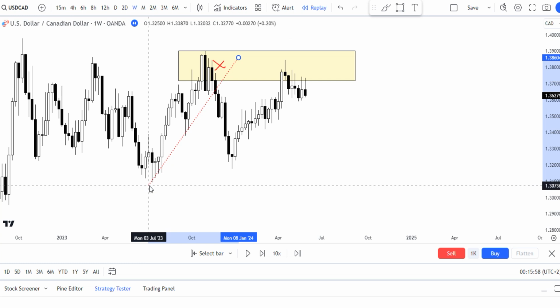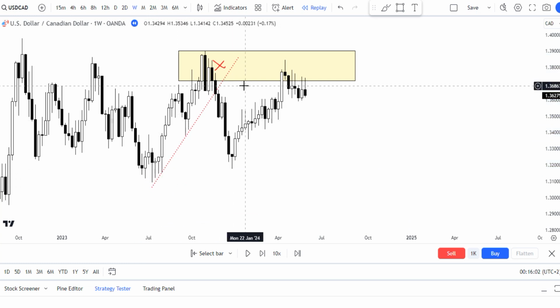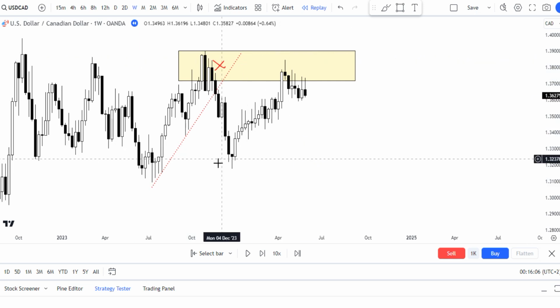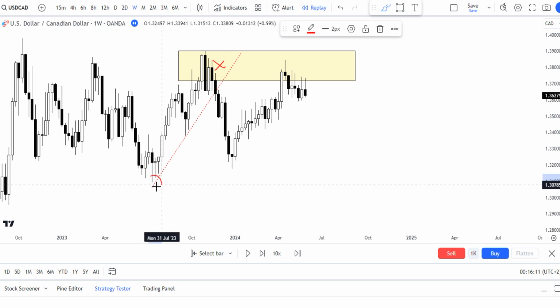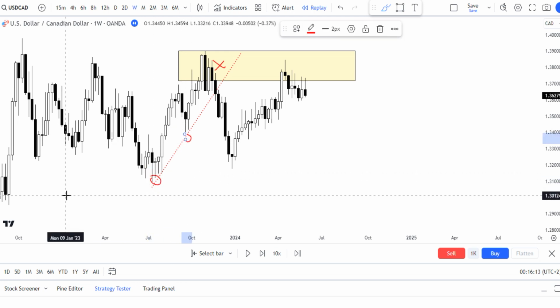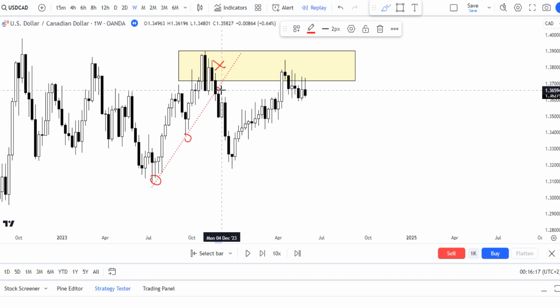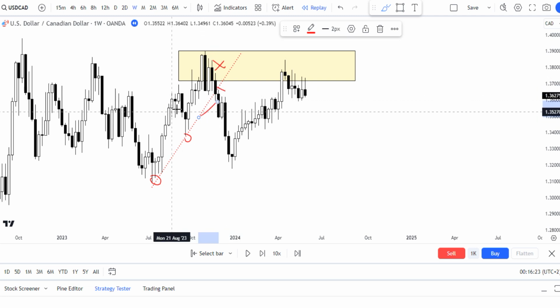you can see that here, never cut a trend line through the body. Just draw a trend line like this: this low here, this low here. As you can see, these two candles broke the trend line with force.